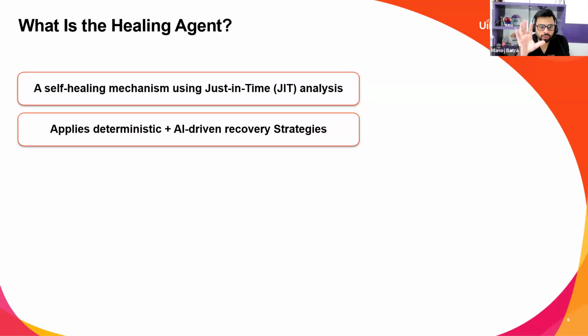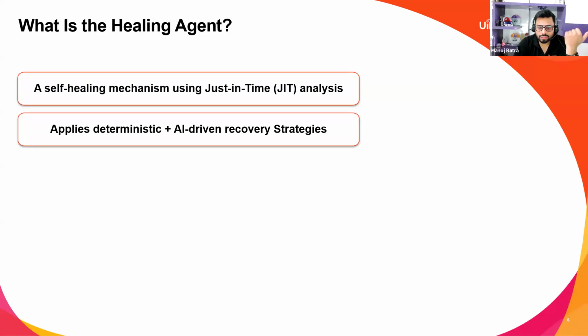So it doesn't rely only on your previously stored metadata. First would be your previous screen, which you captured while building your automation, plus the new screen. So it tries deterministic strategies like selector correction based on some rules, and if that doesn't work, it uses AI to find alternate methods, using screenshots obviously.